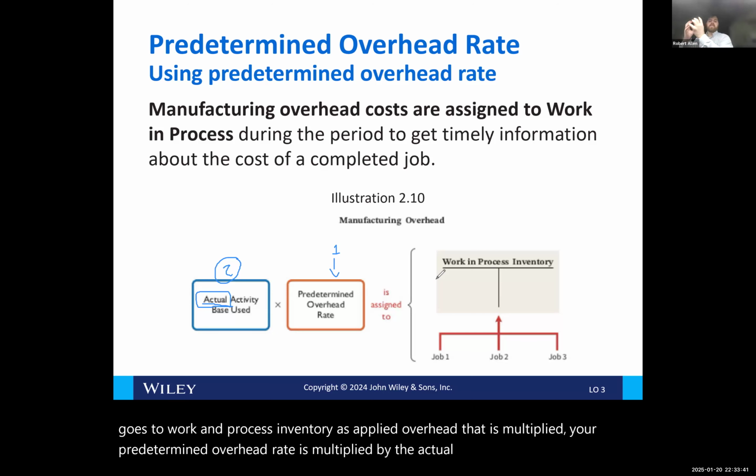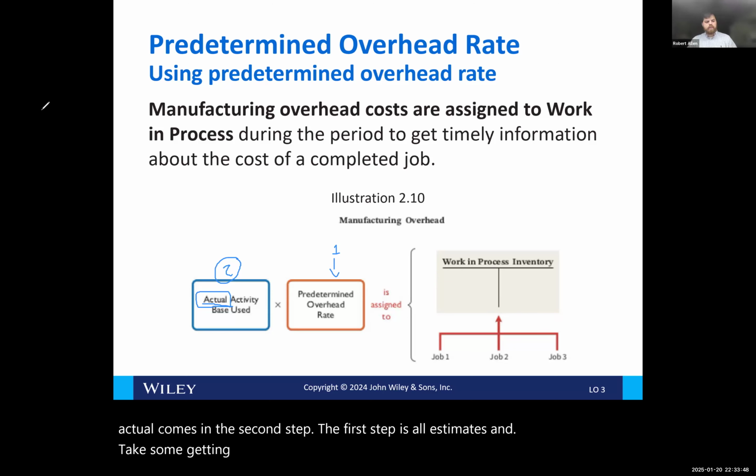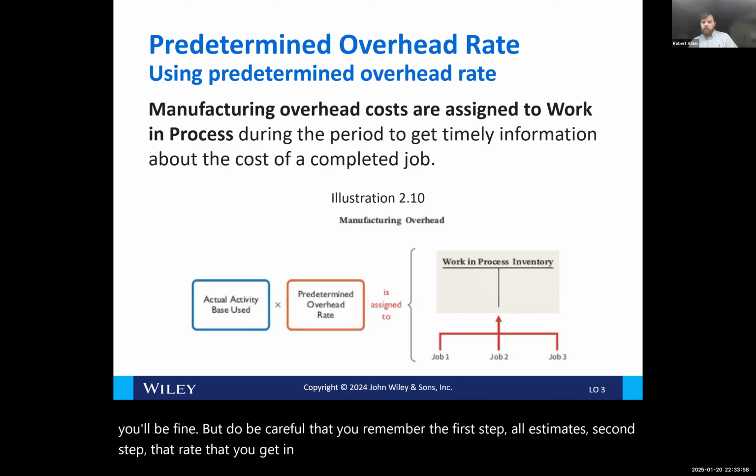So the actual comes in the second step. The first step is all estimates. And this will take some getting used to, and we'll work through some examples, and you'll be fine. But do be careful that you remember the first step, all estimates. Second step, that rate that you get in step 1 times the actual amount of activity used. So that's how this works.